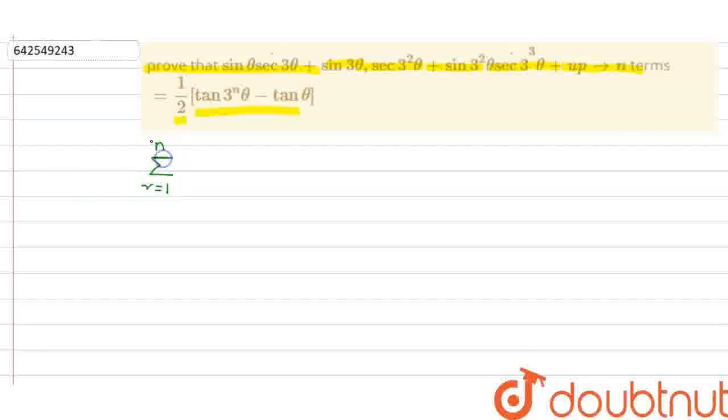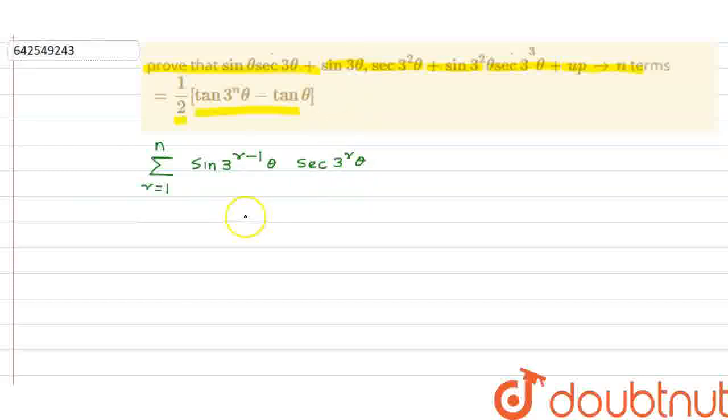This term can be written as sin 3^(r minus 1) theta, and this is sec 3^r theta. Now if you substitute r is equal to 1, this will be sin theta and sec 3 theta. And if you substitute r is equal to 2, then this becomes sin 3 theta and sec 3 square theta.